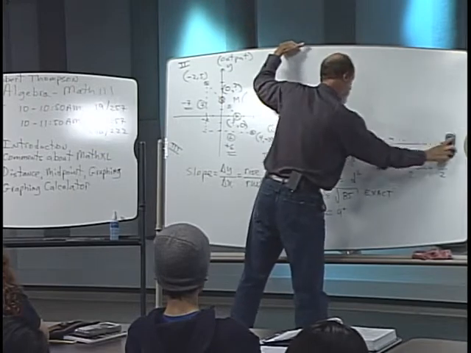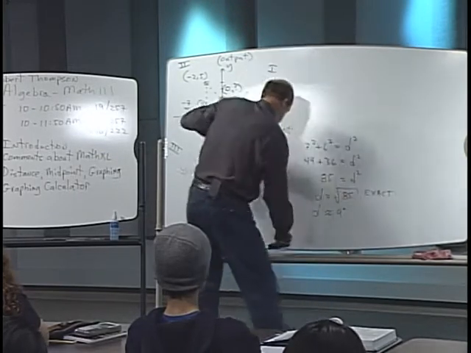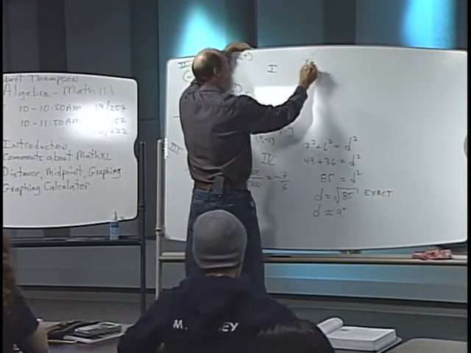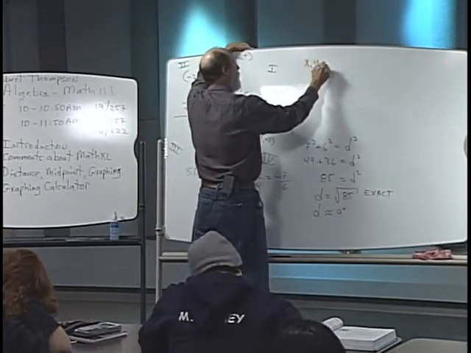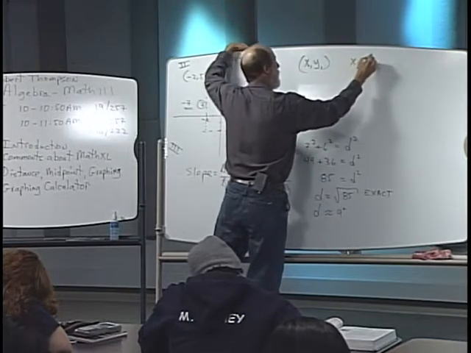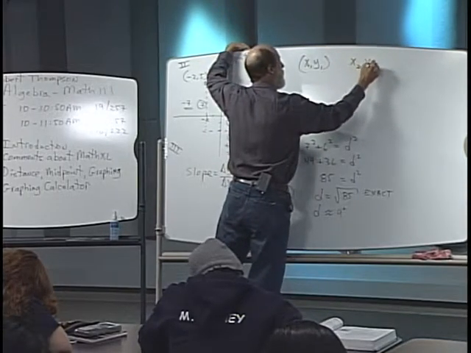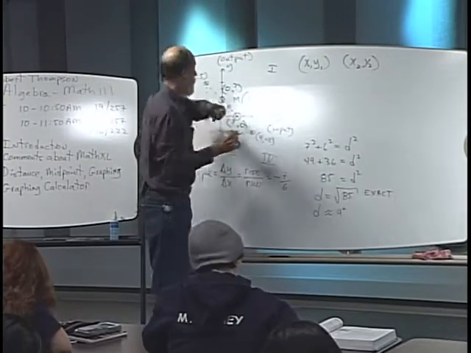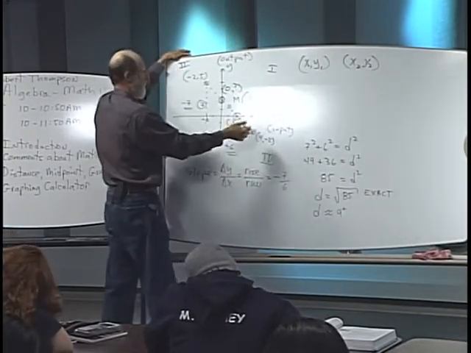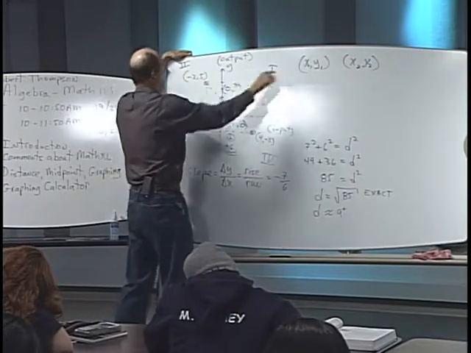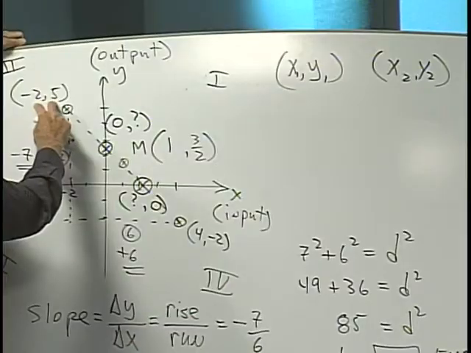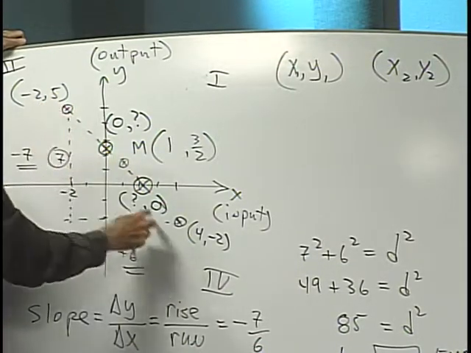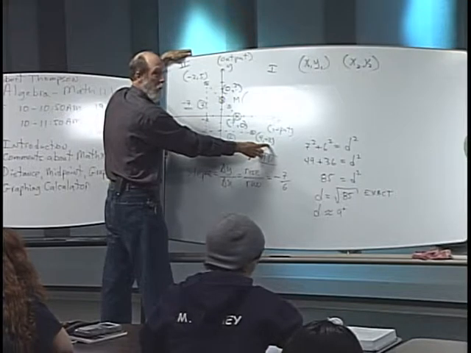So, let me show you that distance formula. If you had 2 points in general, let's call it x1, y1, and another point x2, y2 with subscripts, and we want the distance between those points, you could imagine us laying those symbols in on these points that we used in our example. x1 here, y1 here, x2 here, y2 there.